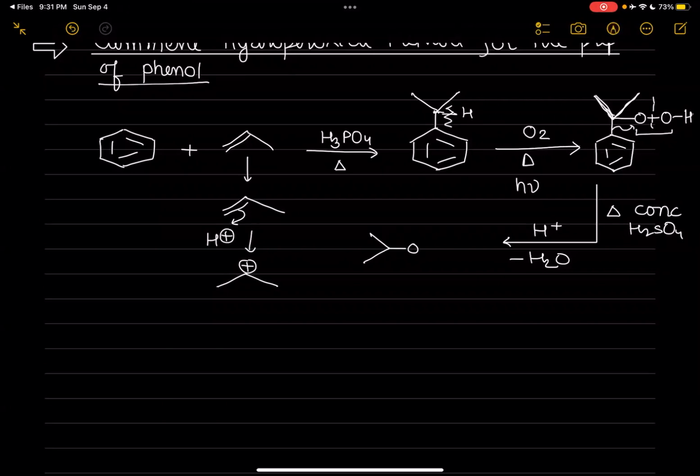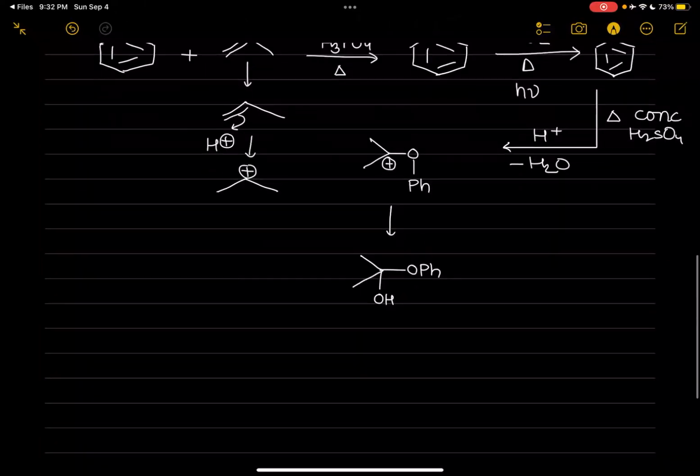This is the shift. Okay, is it clear? Okay, and you have a plus charge here, right? And the water will come in and join again. This is the mechanism. I am just telling you to help you out. Actually, this you get, and from here you get the phenol.